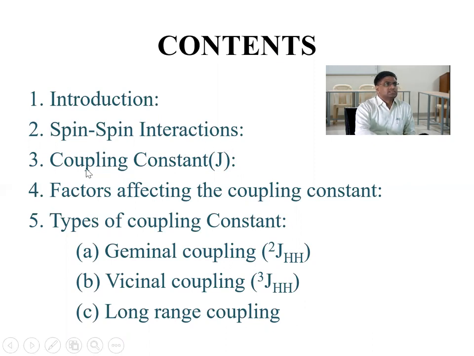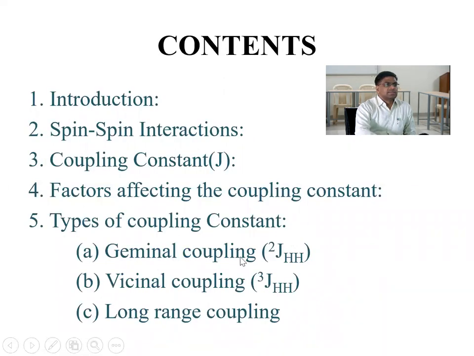Third one is coupling constant, that is denoted by capital J. In the next slides, we will discuss in detail what is coupling constant and what are the factors affecting the coupling constant. And next is types of coupling constant.